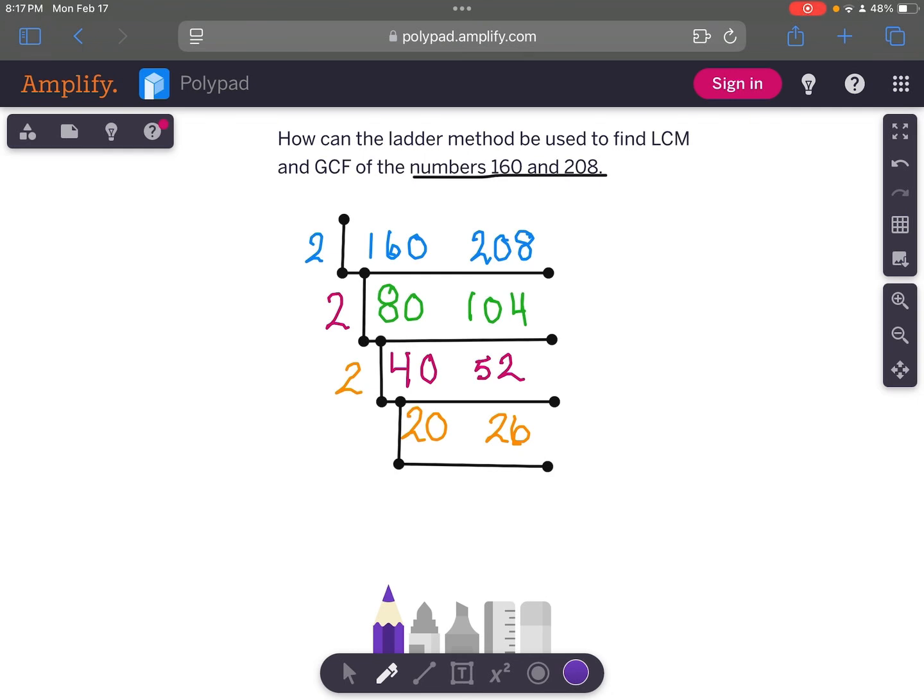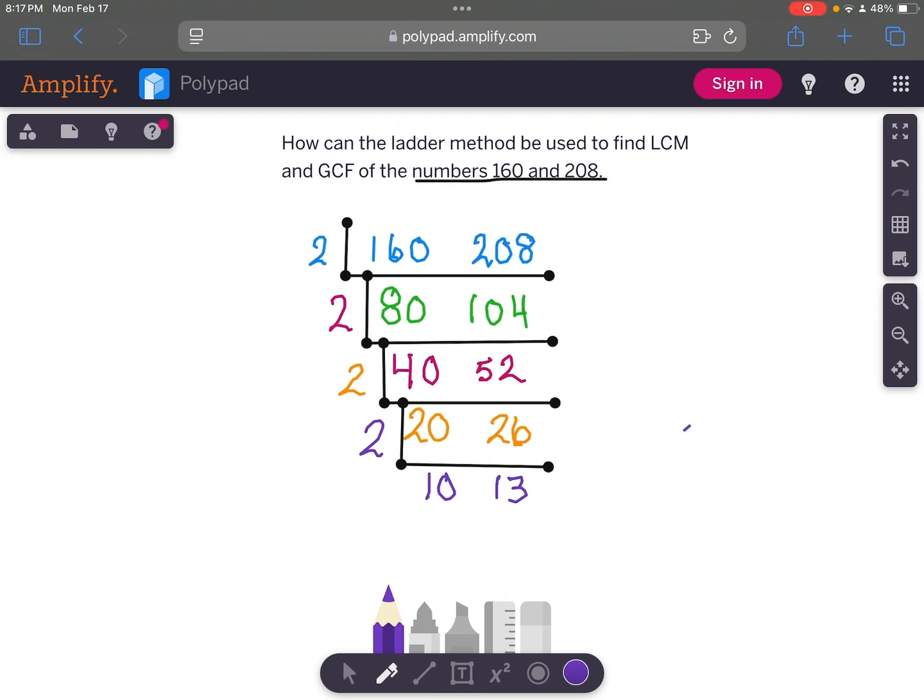So let's try 2. What is 20 divided by 2? It would be 10, right? What's 26 divided by 2? Your answer would be 13.